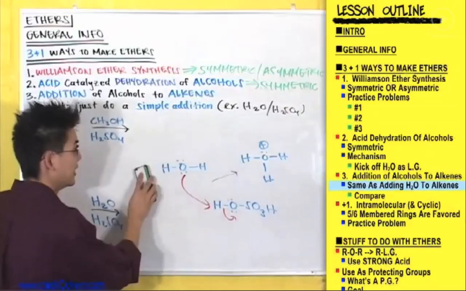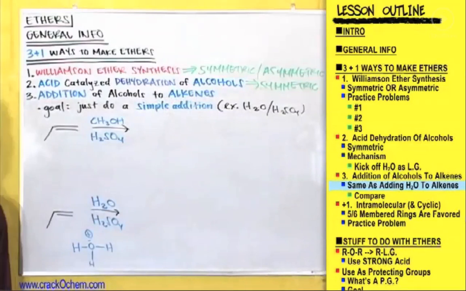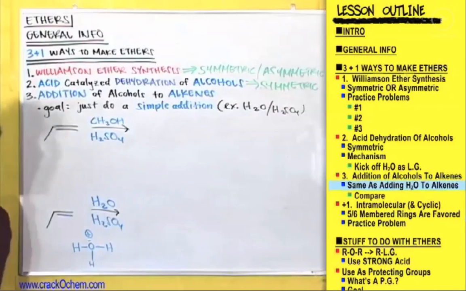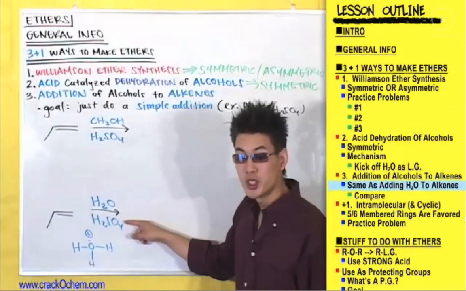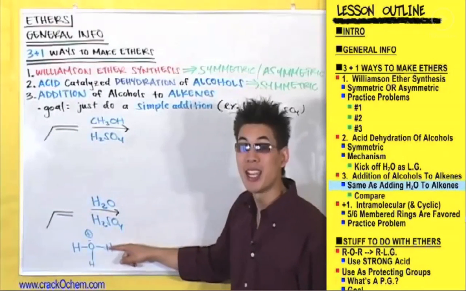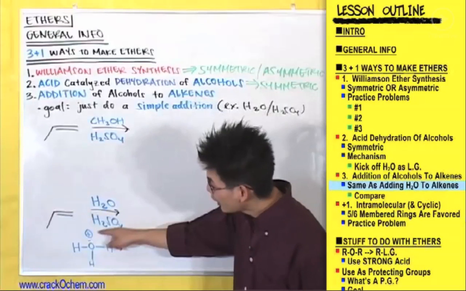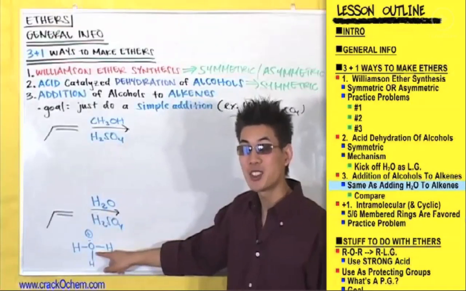Let me go ahead and erase this over here. So adding in water with H2SO4, this acid catalyst will protonate water, turning it into H3O+, putting a positive charge on an oxygen. Oxygen is already pretty electronegative.